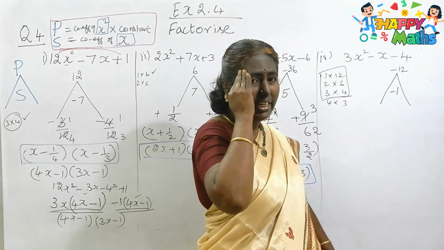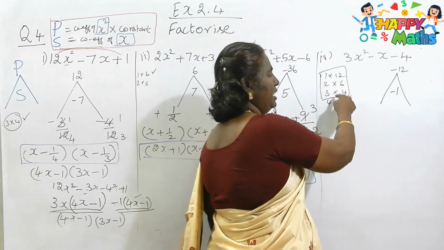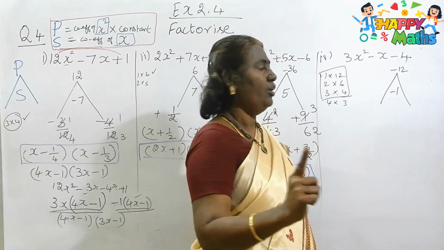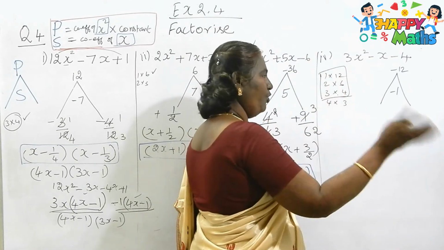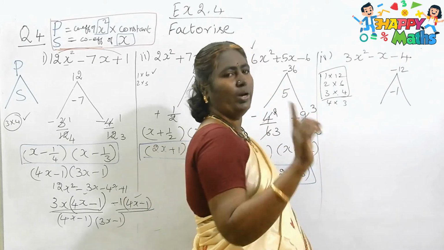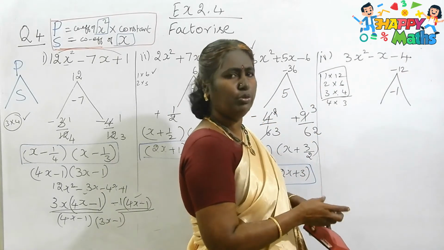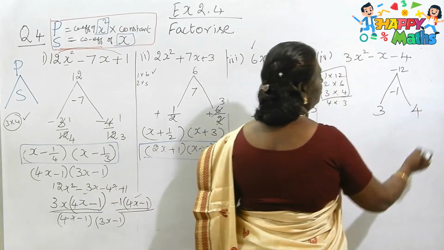So, I must think in my mind, if I subtract any two numbers of this table, I must get 1 as my answer. So, 12 minus 1 is 11. 6 minus 2 is 4. Only 4 minus 3 is 1. Only this is the best combination, either 3, 4 or 4, 3. Both are equal only. Okay, let me take 3 and 4.